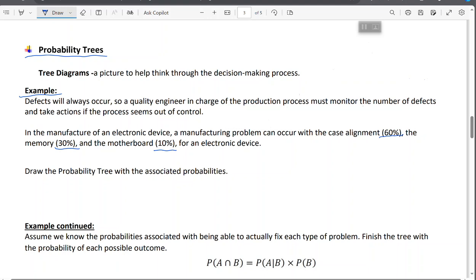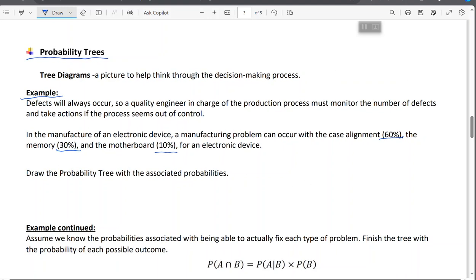We first start with the root of the tree, right? So we want to start with all the objects or all the observations. In this case, that means we start with all the defects, since we are talking about the defects. With all of these defects, we actually have three kinds of them.